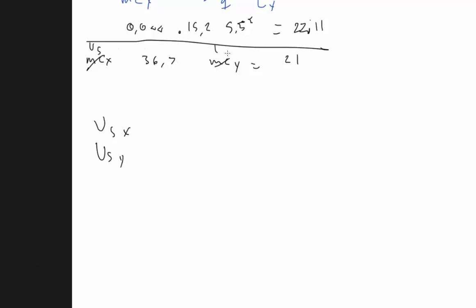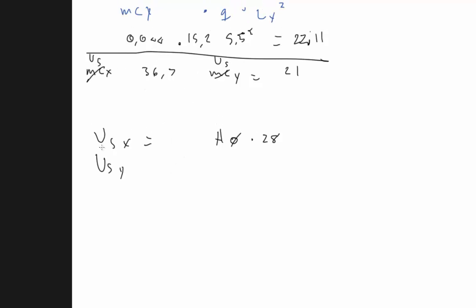This must be US Y. USX, so that is equal to, not MCY, the area times 28. 28 is a very random number which we don't know, and maybe it changes, but that's what we're going to use. Remember, it's a strange number. Times this number. No, this is not USX. I'm kidding. Okay, so we use 36.7. It's a very low number.